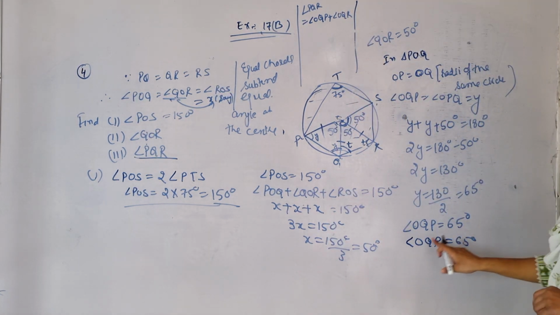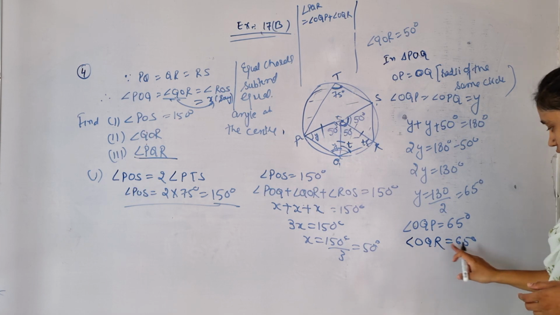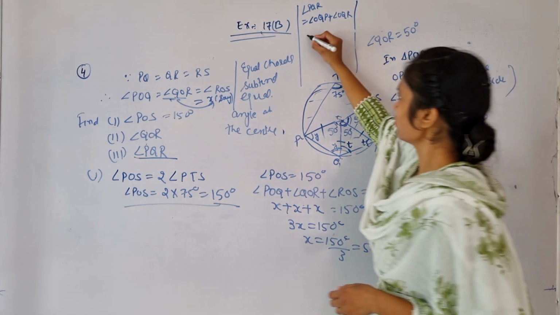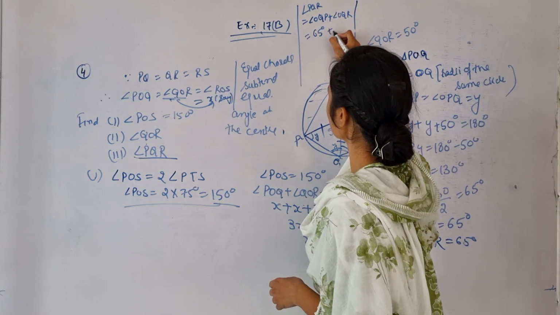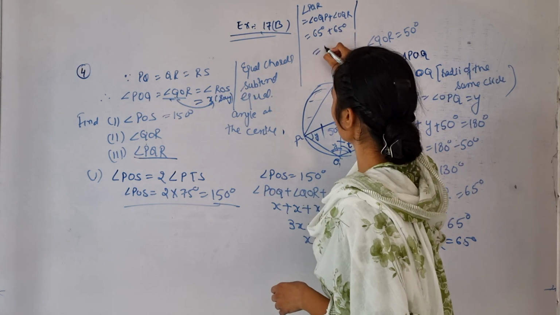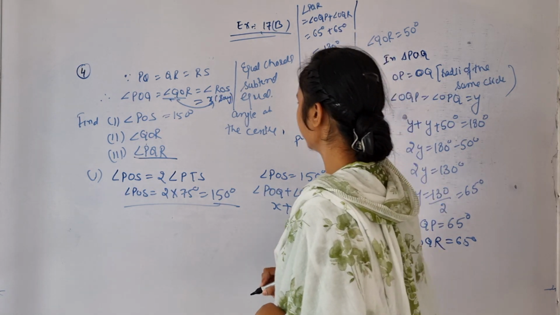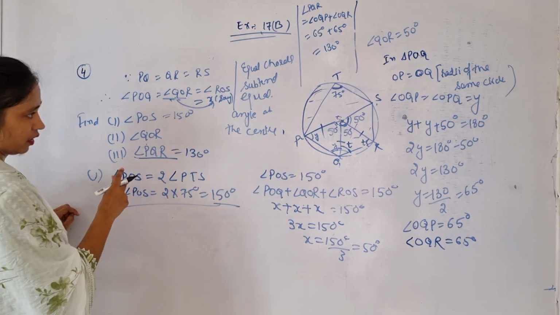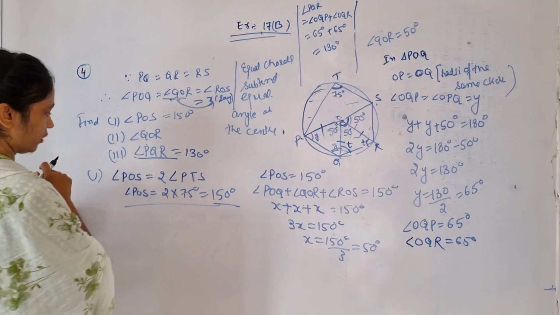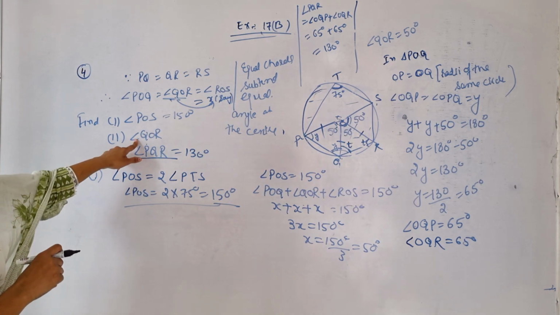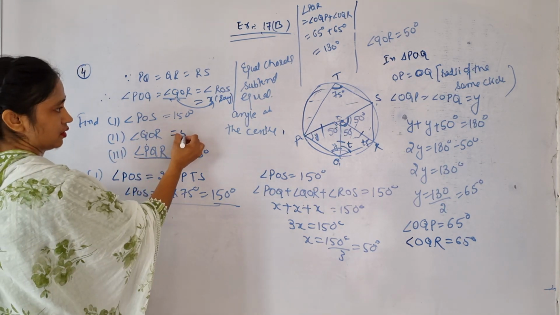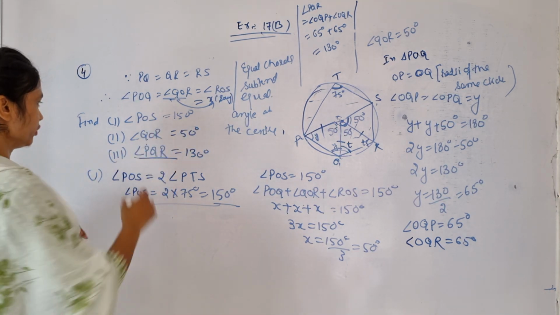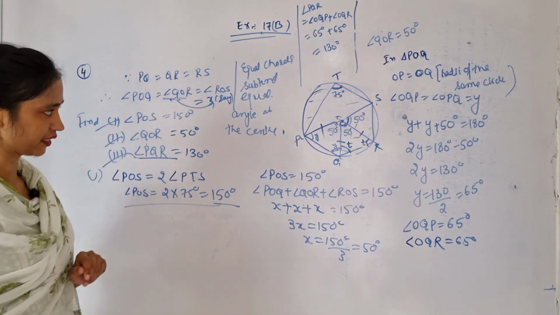OQP is 65 and OQR is also 65, which means 65 plus 65 is equal to 130 degrees. Its answer is 130 degrees. We calculated QOR as 50 degrees. So we have solved all of the three parts here.